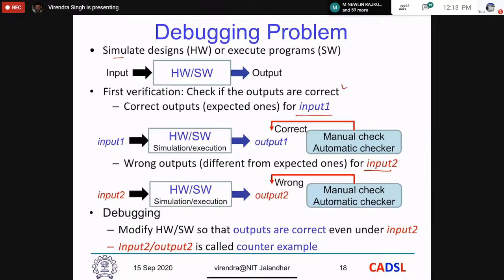So modify the hardware or software so that outputs are correct even under input 2, because under input 2 I got the wrong output. And this input-output relationship of input 2 that we are getting, we call a counterexample, because for this particular input it is giving me the wrong output.